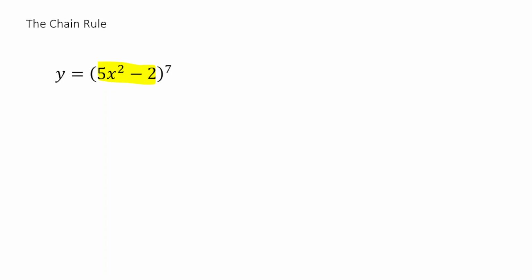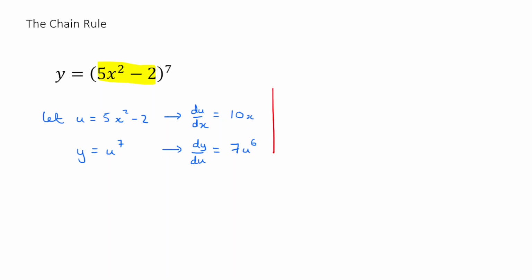So let's start by defining: let u equal 5x squared minus 2. And if that's true, then y is equal to u to the power of 7. So we differentiate u with respect to x, du dx, and we see that that is equal to 10x. And we differentiate y with respect to u, dy du, and we see that that's equal to 7u to the power of 6. So we want to find dy dx.